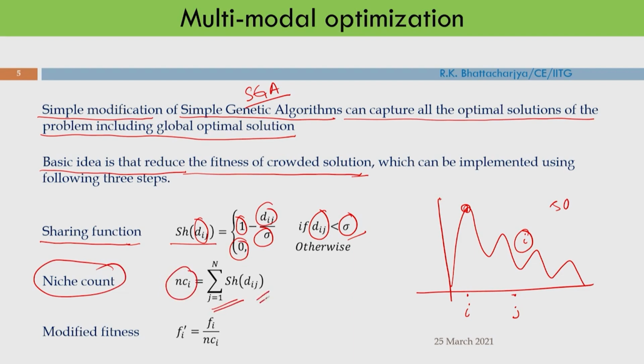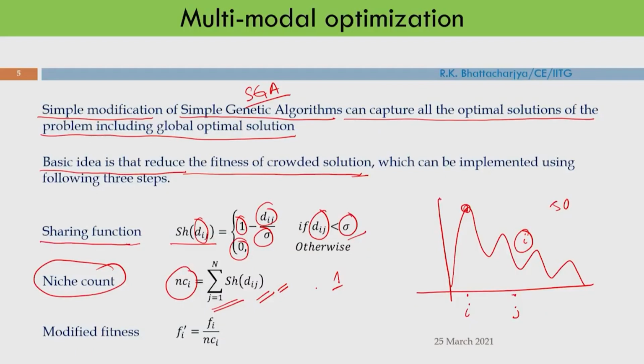Now, what is this niche count giving? If the niche count is a large number, I can say that the particular solution is a crowded solution. If the niche count is 1, then I can say that the particular solution is not crowded, that it is an isolated solution.